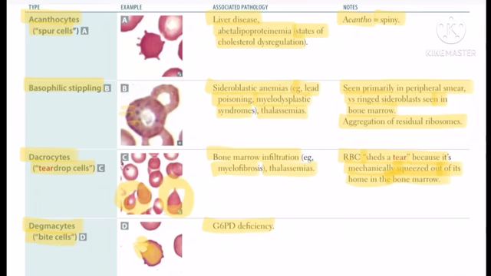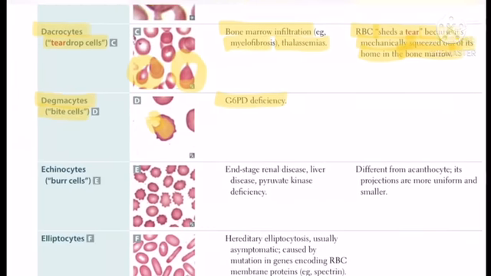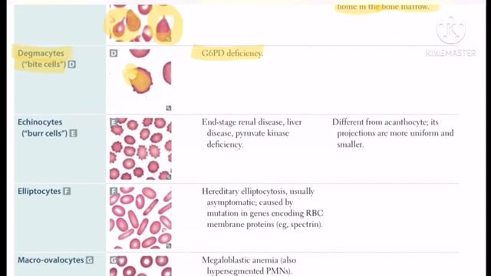deficiency. The next one is the echinocyte, or burr cell. It has some similarity to the acanthocyte, but the difference is that in acanthocytes the spinous processes are large and uneven, while in burr cells the projections are uniform and smaller.